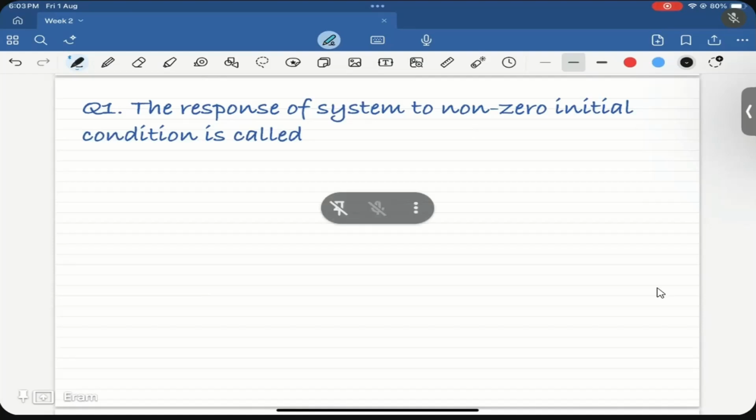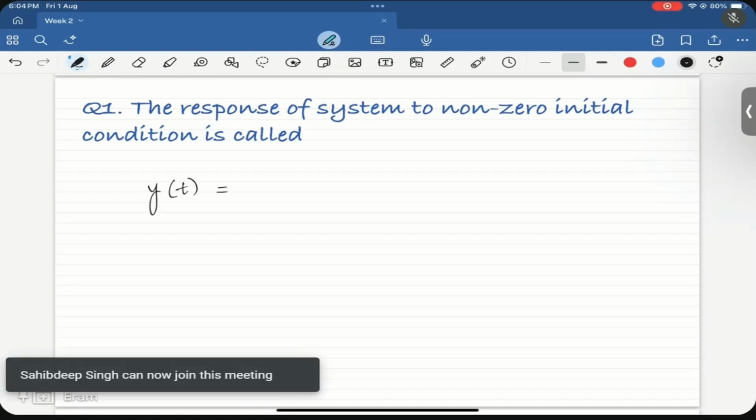So the first question is, the response of a system to non-zero initial condition is called? Free response. Yes, free response. For any solution, for example, we are given a transfer function and then we are given an input and we want to solve it to see the solution.